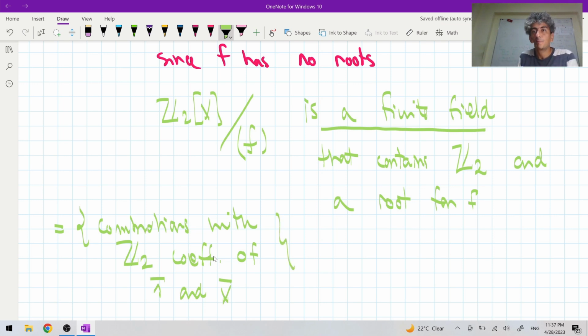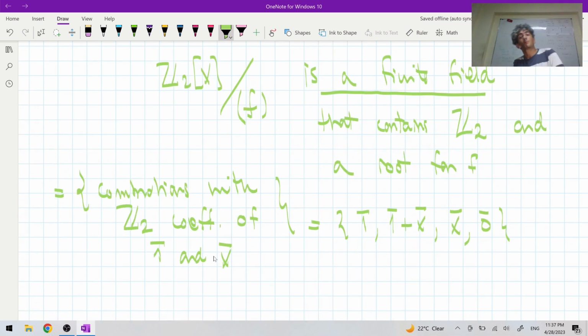So here we can have the class of 1, the class of 1 plus x, the class of x, and we also have, which one? We're lacking 0. And 0, the zero element, okay? So this field has 4 elements.